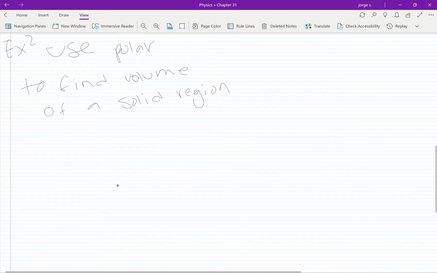So make sure to remember that it has to be bounded by something else. So bounded above by the hemisphere.